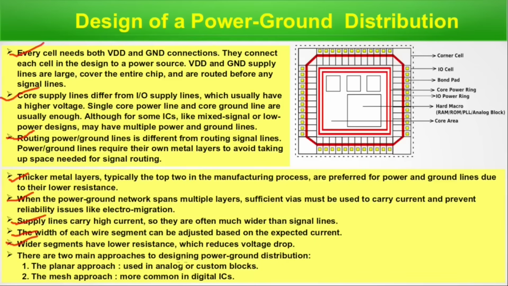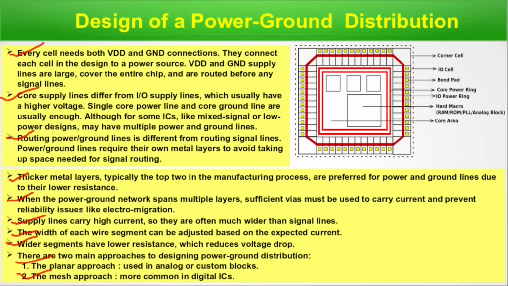There are two main approaches to designing power ground distribution. One is the planar approach and another one is the mesh approach. The planar approach is used in analog or custom blocks and the mesh approach is more common in digital ICs. So these are two methods, planar approach and mesh approach. And this is basically about the power lines, why they are wider. Thicker metal layers are used.